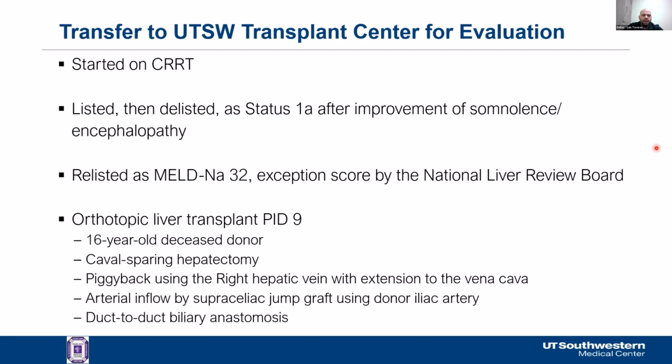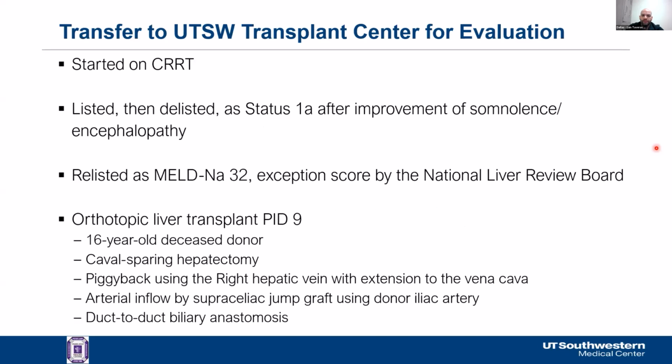Once he gets there, his creatinine starts to climb. He gets on CRRT. He gets initially on the transplant list, and then his somnolence improves. There are some issues with his status at that time, so he is delisted, but eventually he comes back to the list with a MELD of 32.